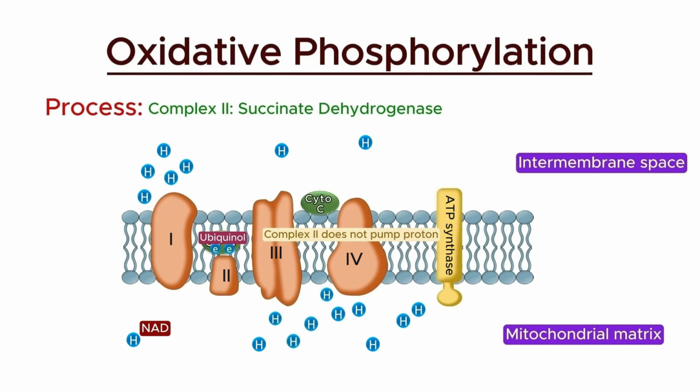Complex 2 contributes to the electron transport chain by supplying electrons from FADH2 to ubiquinone without contributing directly to the proton gradient. This ensures the continued flow of electrons through the chain, supporting the overall process of oxidative phosphorylation.